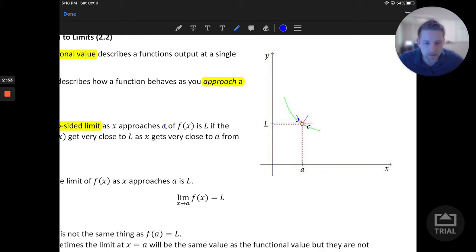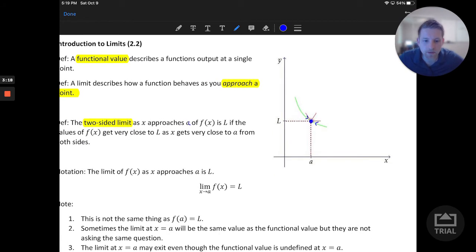And in this case, regardless if there is, say, an open circle here or a filled in circle, regardless if that's defined or an open circle or a gap in the graph, we would say that the function approaches L as our inputs approach the value a on the x-axis. And that's the concept of a limit.